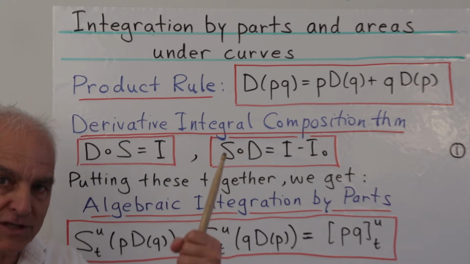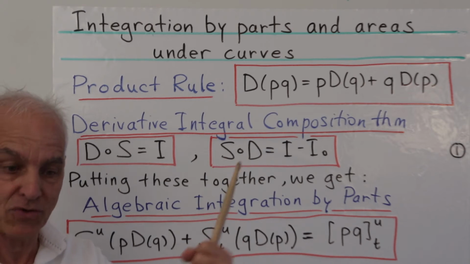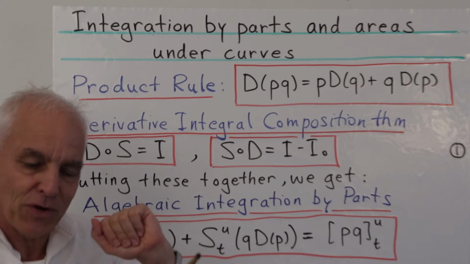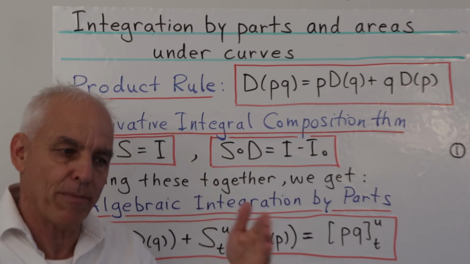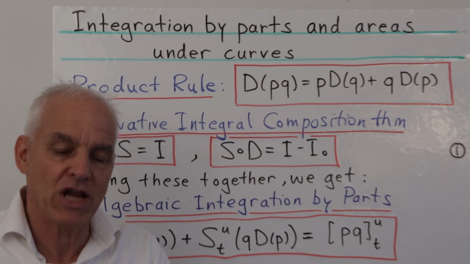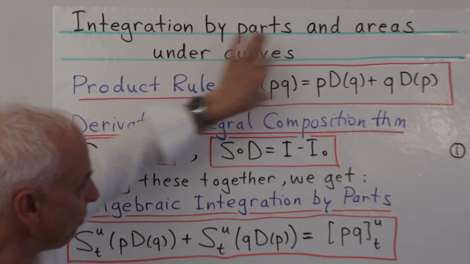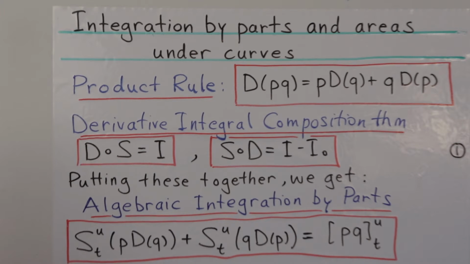So it's a difference between two integrals, one at the top one and one at the bottom one. So when we take the difference of two integrals, then that constant term ambiguity is washed out and it disappears.